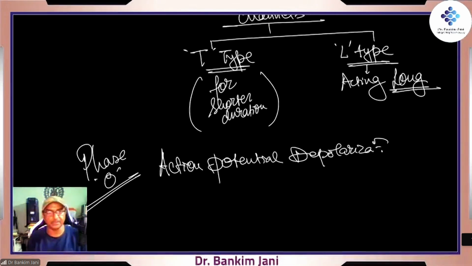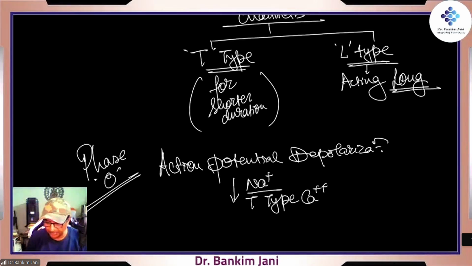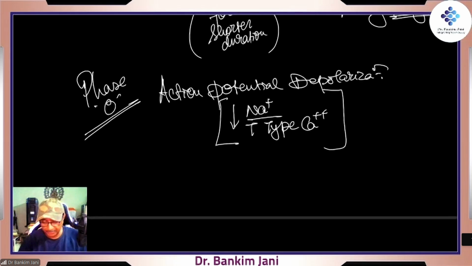Action potential depolarization. This starts when there is the beginning of threshold, and during this time, what decreases? Sodium channel decreases, T-type calcium channel decreases. What would increase?